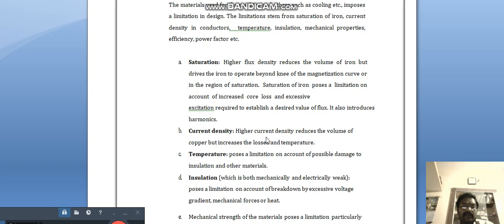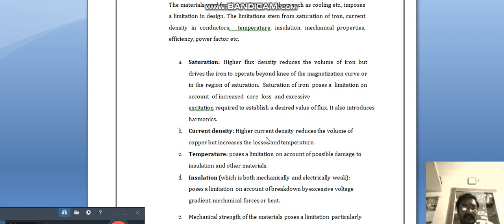Insulations can be both mechanically and electrically weak. If you go for a low value of insulation, what will happen? It will not withstand the mechanical stress as well as the electrical stress. When the insulation is not able to protect against electrical stress, it breaks the current path and makes a short circuit path.